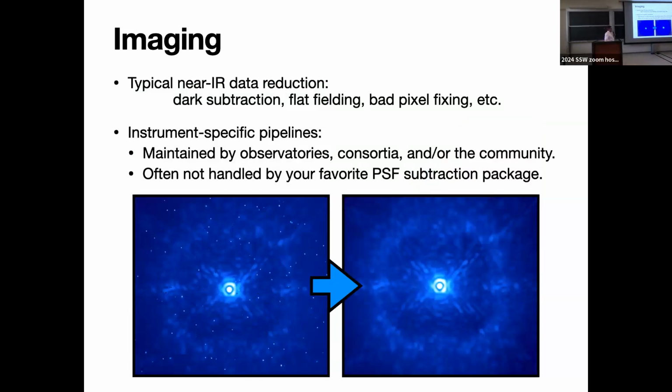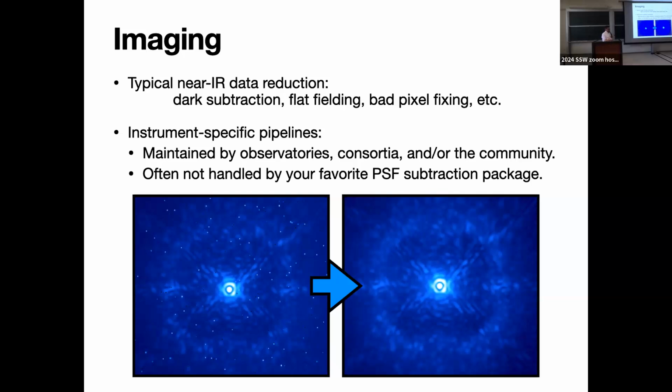So for imaging, we follow the standard near-infrared data reduction pipeline. This has the typical dark subtraction, flat fielding, bad pixels correction. And this is typically handled by instrument-specific pipelines. These are maintained by observatories, instrument consortia, and possibly even by the community.